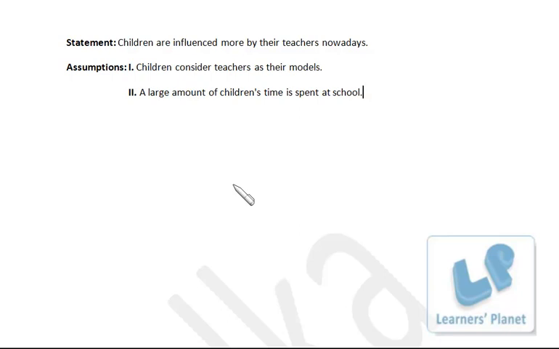I spend my entire day in my office, but that really doesn't mean I am influenced by my boss. Generally, people hate their bosses, isn't it? So if you are influenced by anybody, it has nothing to do with the amount of time spent with the person. So the second one is not valid, or we can say not implied. So only assumption 1 is implied. So we have option A, that is if only assumption 1 is implicit.